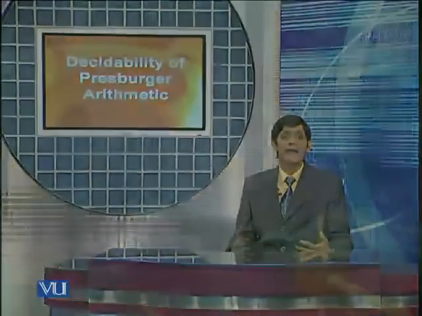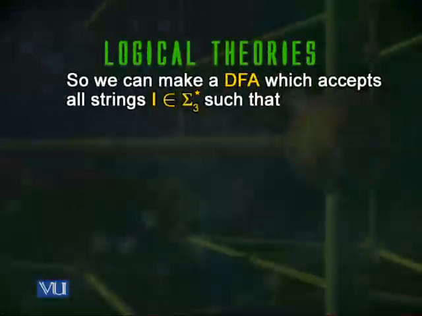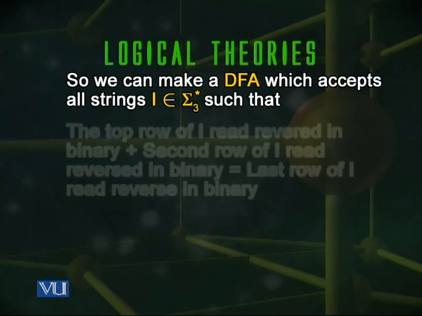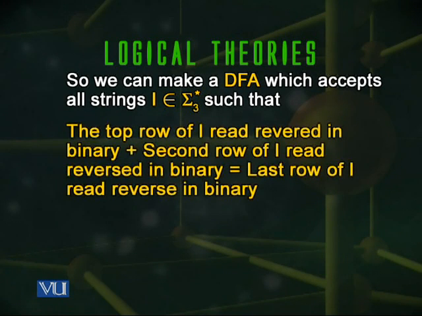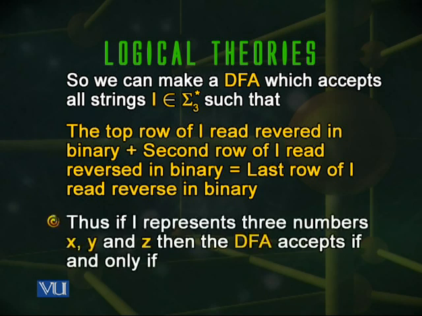Let's see what we have actually proved. What we have shown is that we can make a DFA which accepts all strings I in sigma 3 star such that the top row of I read in reverse binary plus the second row of I read in reverse binary is equal to the last row of I read in reverse binary. Thus, if I represents three numbers x, y, and z, then the DFA accepts I if and only if x plus y equals z.